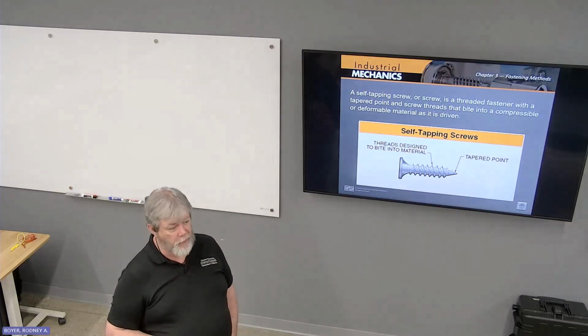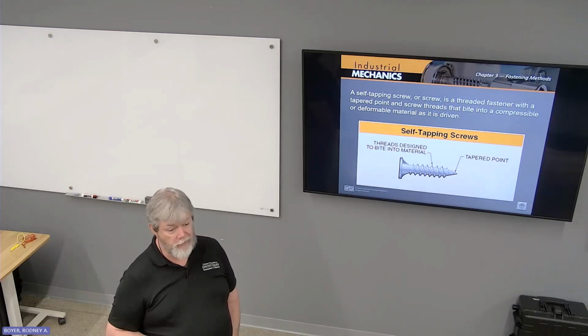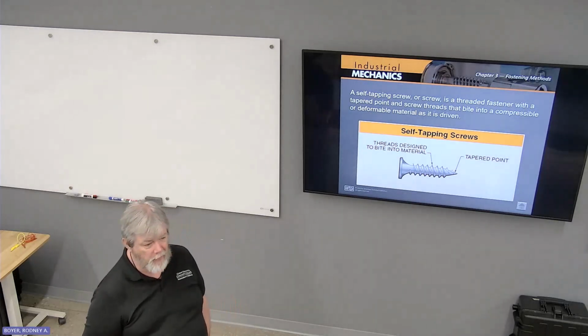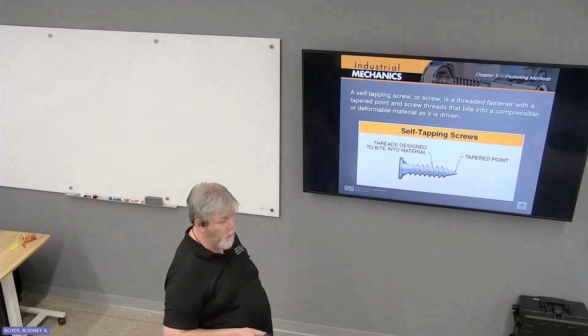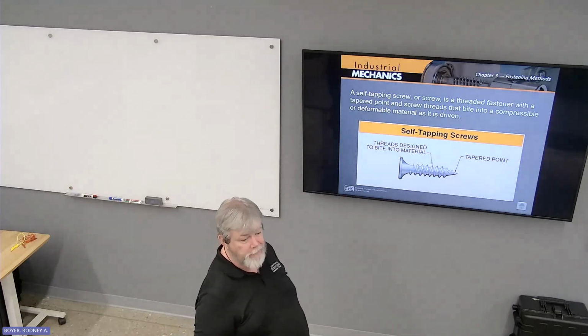You can actually make pretty much any screw a self-tapper if you're screwing it into the right material. You can even take a machine screw, something that is not designed to be self-tapping, and run it into plastic or wood, and it'll form its own threads.